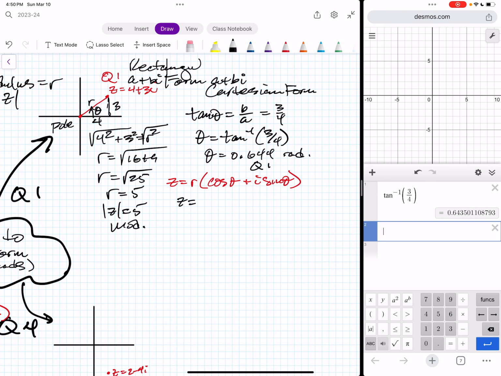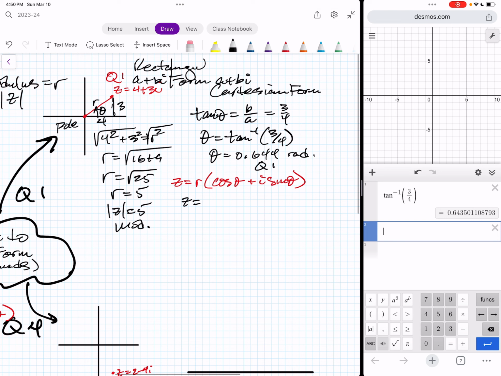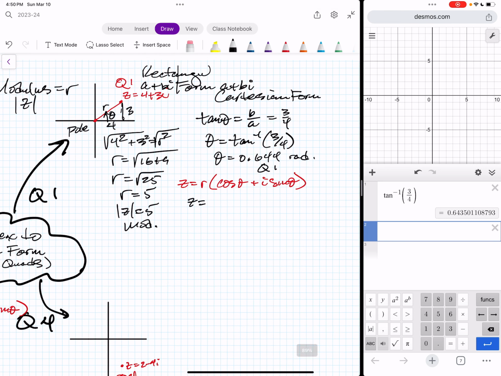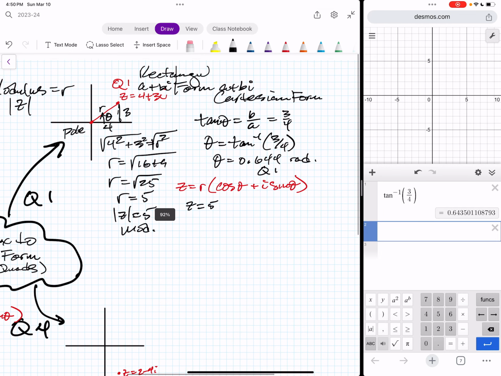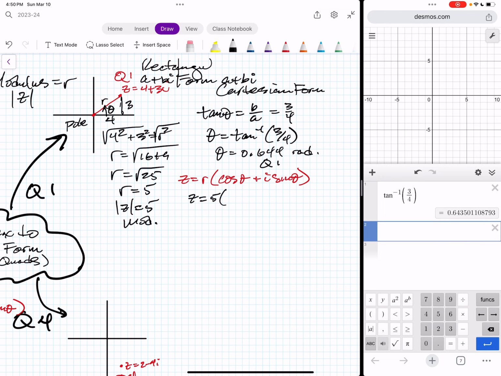Our complex number, 4 plus 3i, is equivalent to your modulus, 5, it's 5 units away from the pole, times cosine theta, which is 0.644, plus i times the sine of your angle, 0.644 radians. There we go. And that is equivalent to a plus bi.